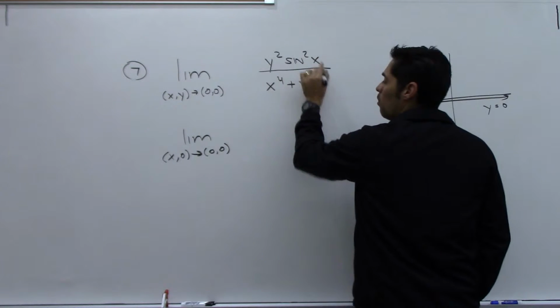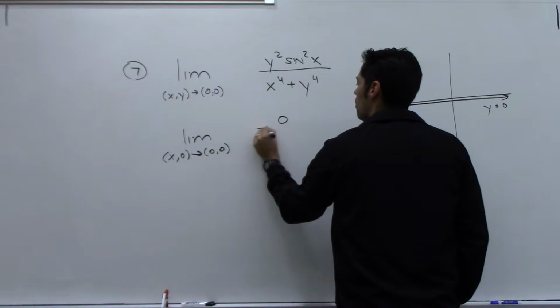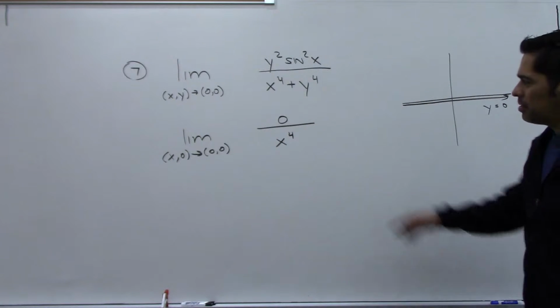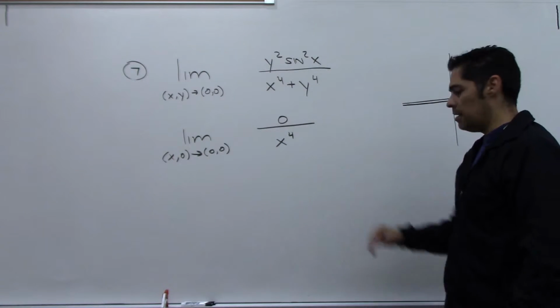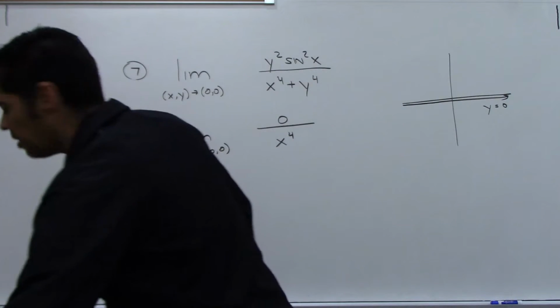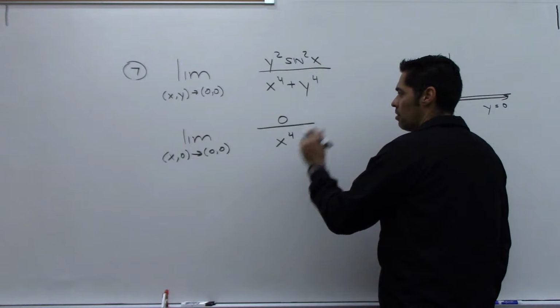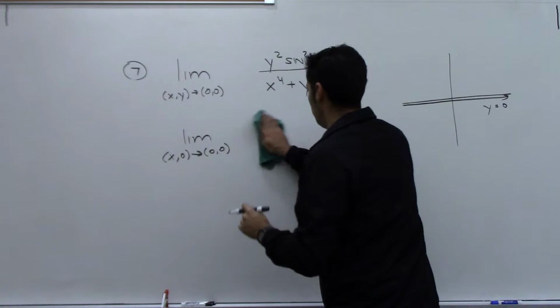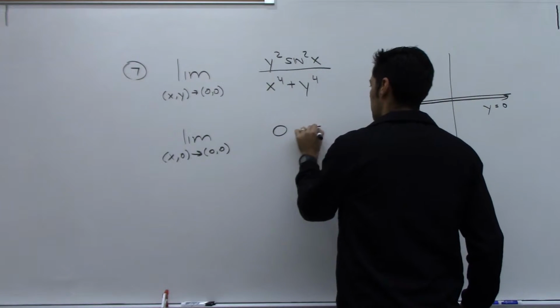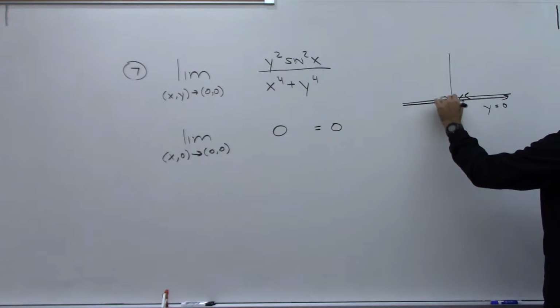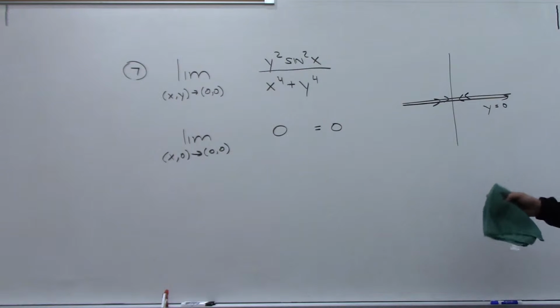Plugging in 0 for y, we get 0 over x to the 4th. Actually, since y is 0, it is identically 0. It's not getting close to 0, y is 0. So this is just going to be 0, and so approaching along the x-axis, we get a limit of 0.